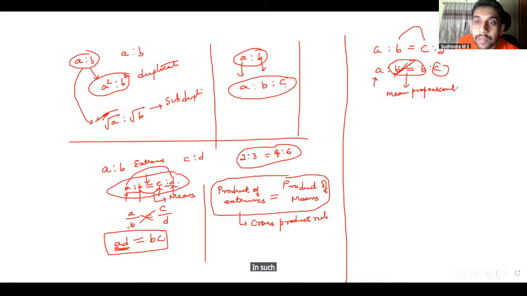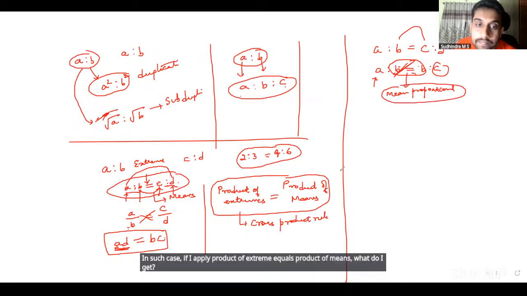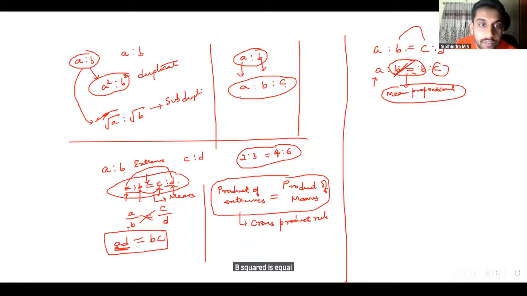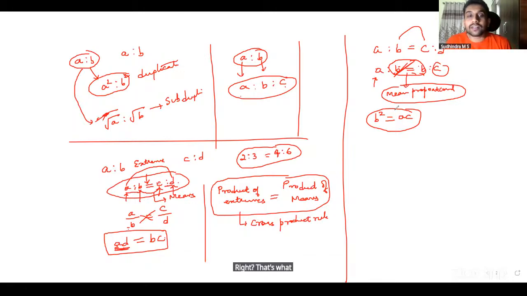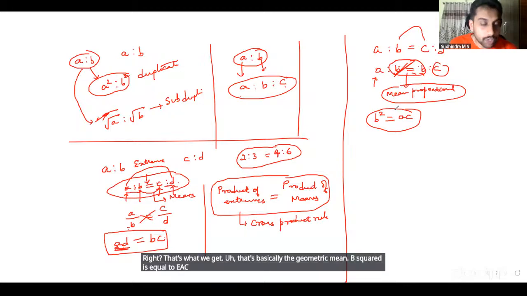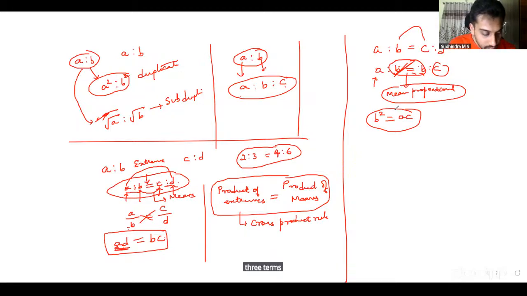If I apply product of extremes equals product of means, what do I get? B square equals AC. Very good, excellent, Ananya. B into B is B square equals A into C, AC. Right, that's what we get. That's basically the geometric mean. B square is equal to AC, the mean proportional when we have three terms. Till here, everyone?